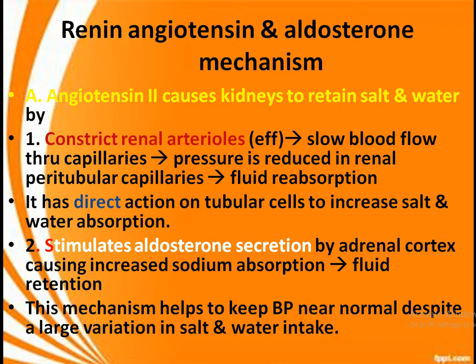And what type? We have the renal arterioles, afferent and efferent. But here the vasoconstriction is caused by the release of the angiotensin 2 in the efferent renal arteriole. Thus, blood flow slows through the capillaries, pressure is reduced in renal peritubular capillaries, and fluid is reabsorbed more and more.